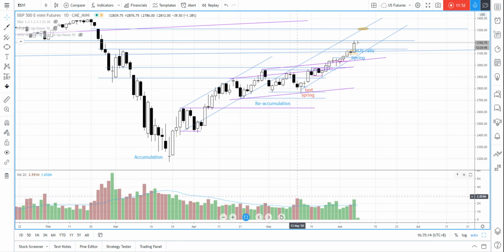And we have latecomers who started to join the party in the middle of May. As you can see, there's the increase of the volume here. So these are the latecomers joining the party. And if we look at the sentiments, which I blogged about on Medium, I talk about the CNN Fear and Greed Index, which I think is somewhere around 60 or 70.